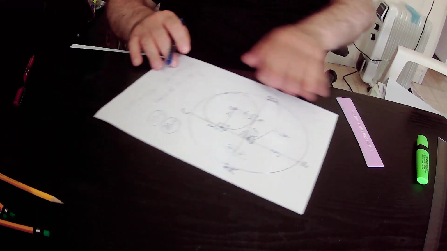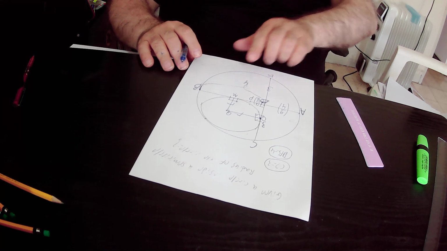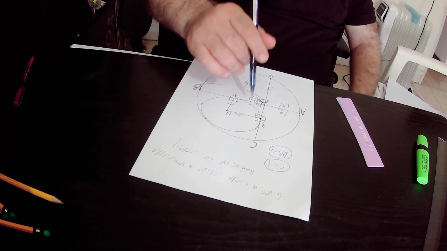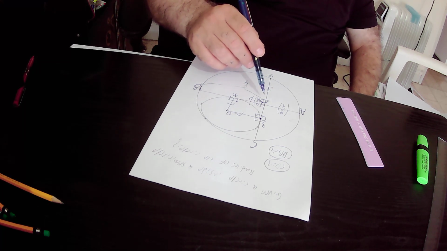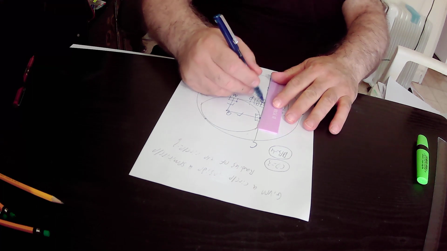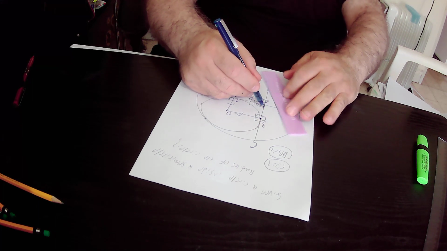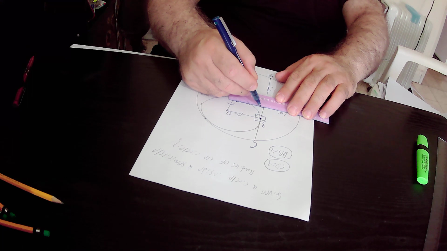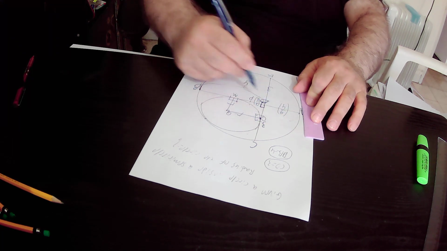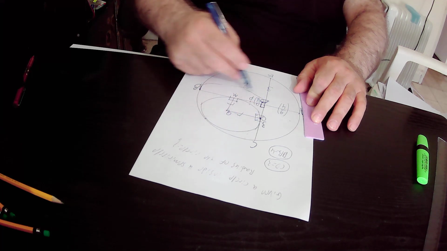So in quadrilateral OQMD, this quadrilateral, we have 1, 2, 3 right angles. This is a right angle, it is given in the question that angle CDB equals 90 degrees.